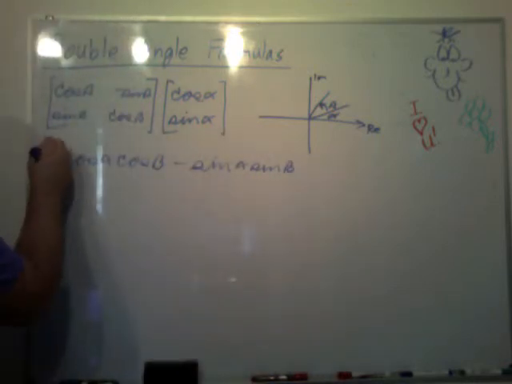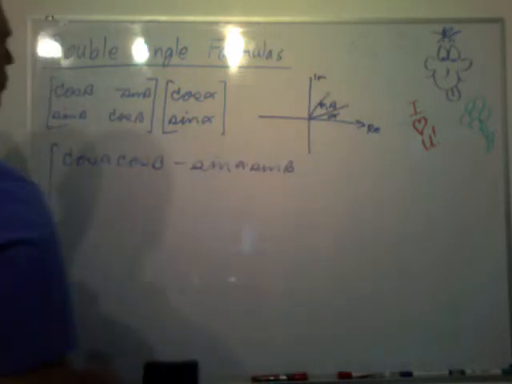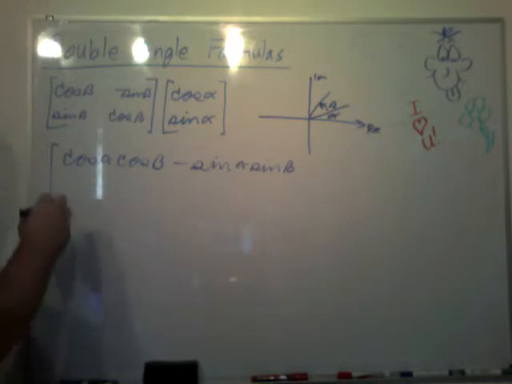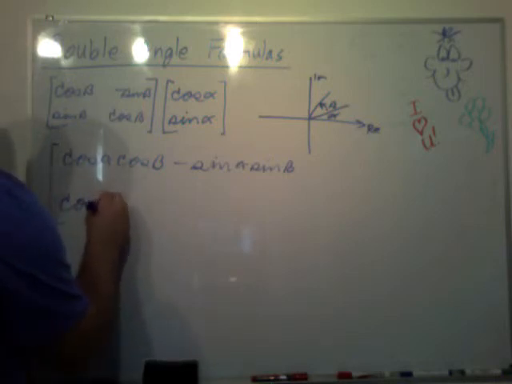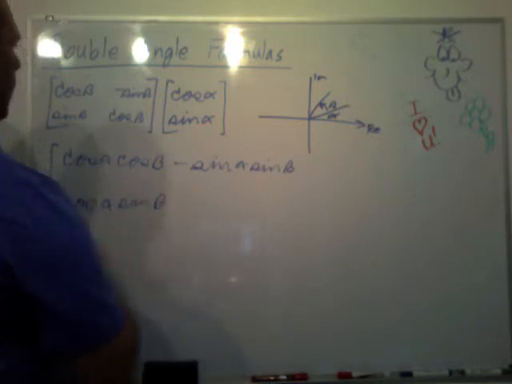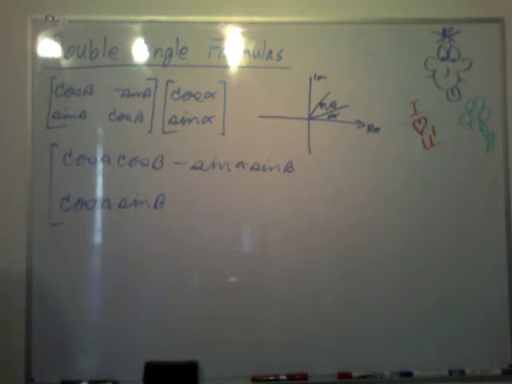That's what goes on the top part of the matrix. And for our y coordinate, our imaginary coordinate, we have sine beta cos alpha, or cos alpha sine beta, plus sine alpha cos beta.